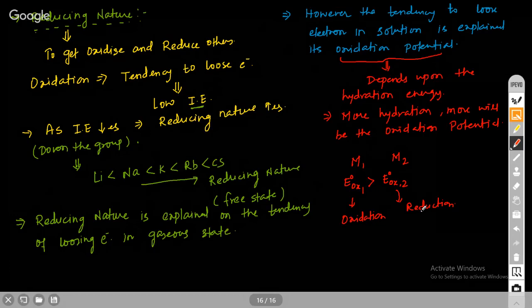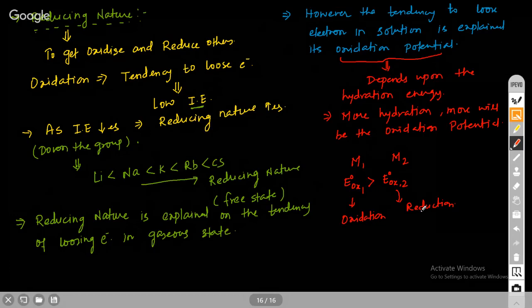So only one thing you have to keep in mind: if oxidation potential is higher for a metal, then oxidation takes place on that metal. If reduction potential is higher, then reduction takes place on that metal. Correct? So you see here, more hydration, more will be the oxidation potential. More oxidation potential means what? The oxidation of that metal will take place, right?